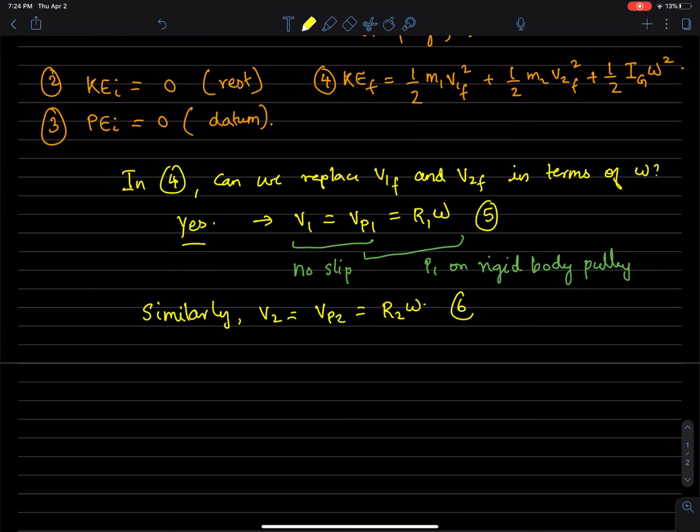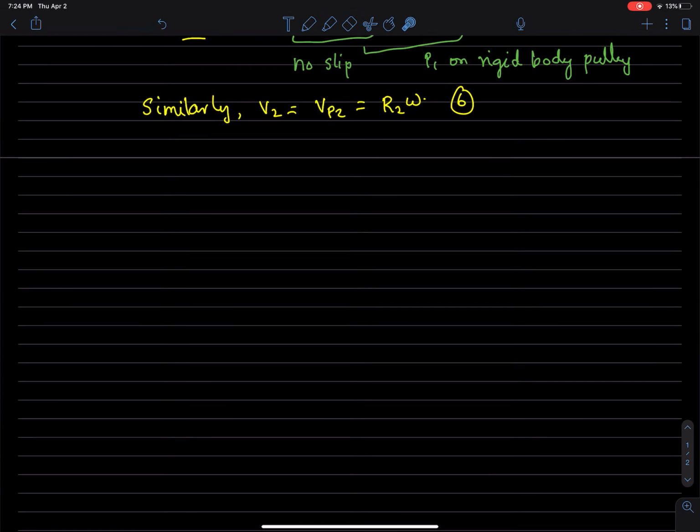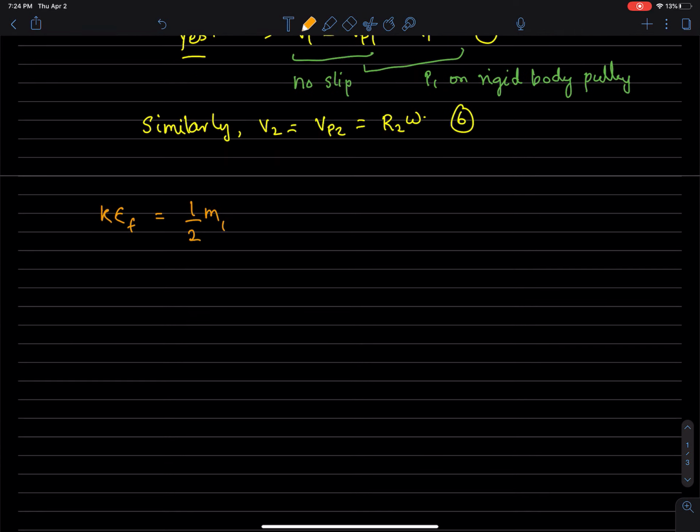Let's call this 6. Let's plug in 5 and 6 into 4 so that equation 4 just becomes in terms of omega. So KE final gets revamped into this relationship.